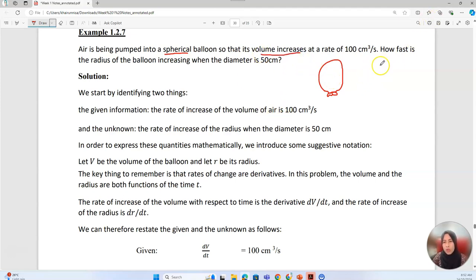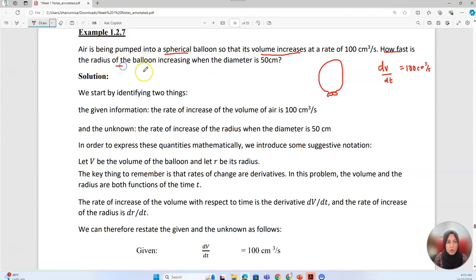So when we are talking about the volume that increases at a rate, it means that the volume is not constant. It's changing with time. So here, what it means is dV/dt is actually 100 centimeter cube per second. That's what it meant. And they want to ask how fast the radius of the balloon is increasing.